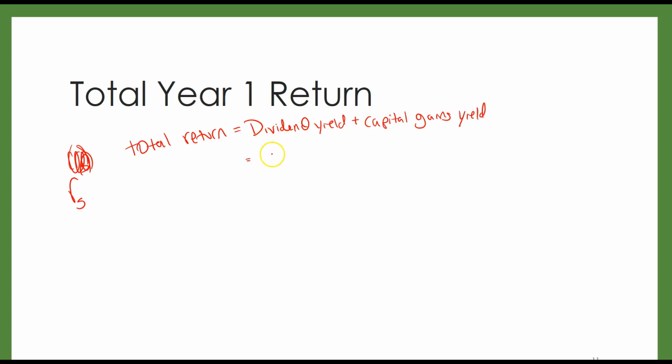Our dividend yield was 7%, and our capital gains yield is 6% for a total yield of 13%. So our required return should equal our total expected return, because that's the minimum rate of return we're willing to accept given a level of risk.